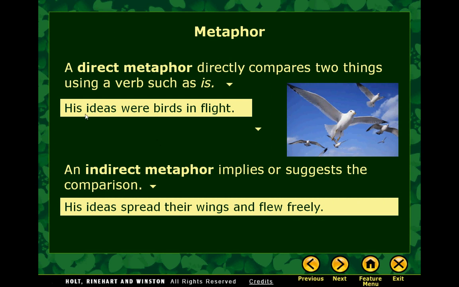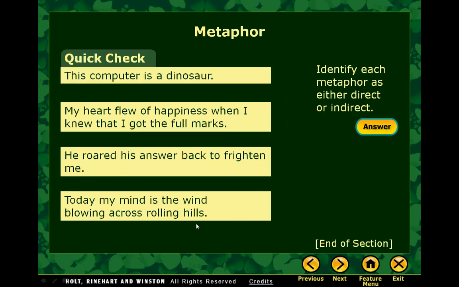Instead of saying clearly that his ideas were birds, as in the direct one, we say his ideas spread their wings and flew. Spread their wings and flew tells us that they are birds, but in an indirect way. That's why we call them indirect metaphors.